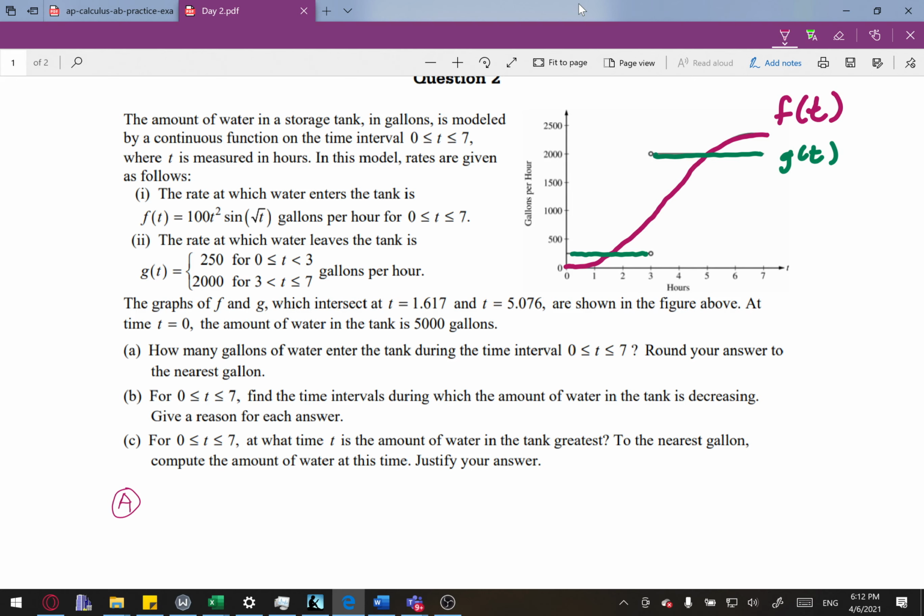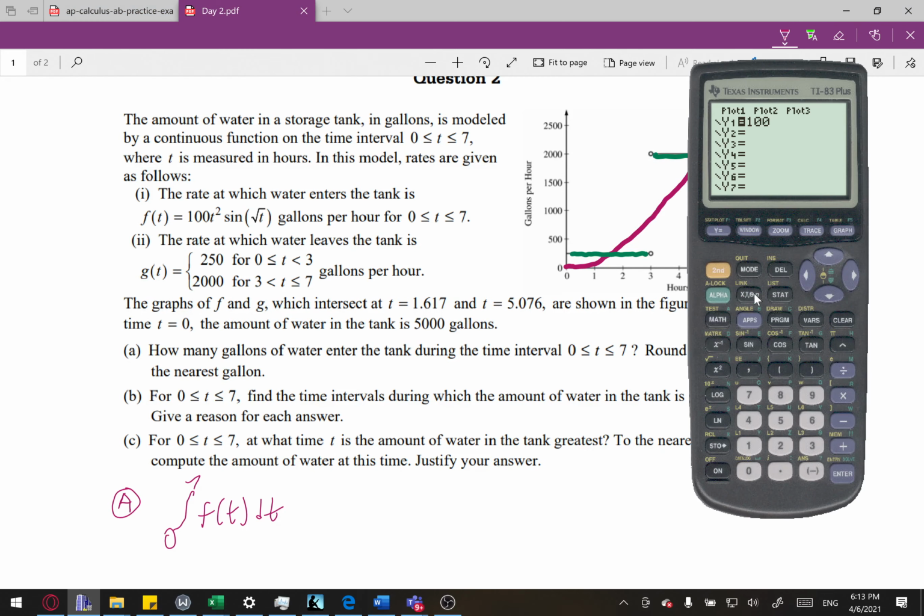I'll go ahead and throw this in a calculator and we'll do that together. Okay. So I've got 100. Actually, let me throw this in as a variable, that way we can use it later if we need to. 100 x squared times the sine of the square root of x. And make sure I'm in radians. We are.